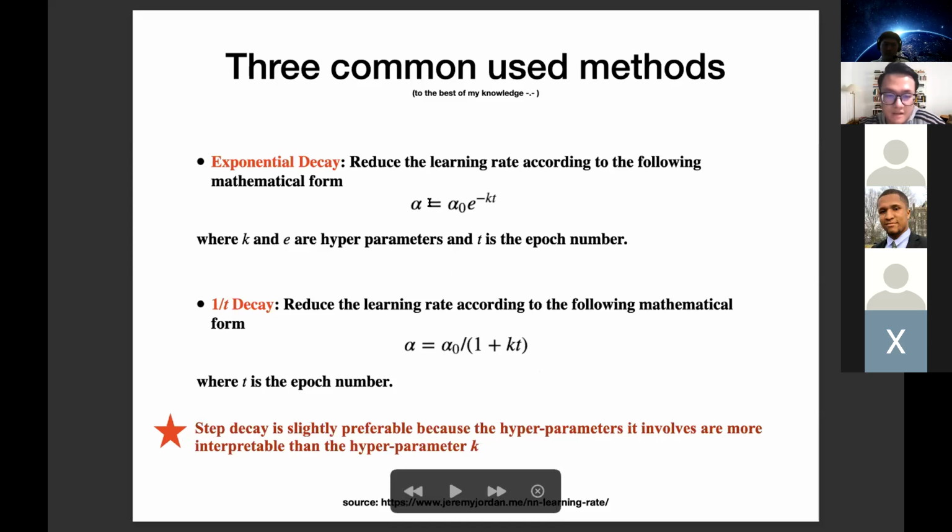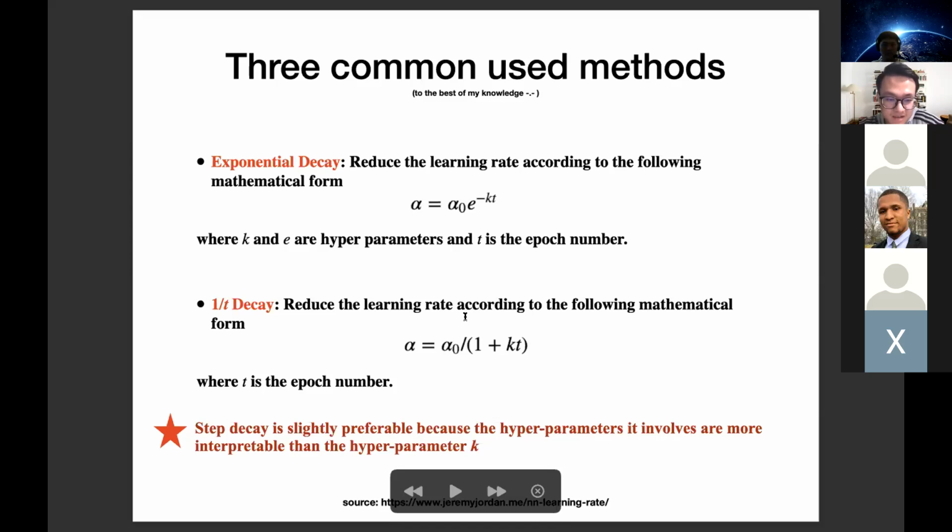Alpha equals alpha 0 times e to the power minus kt. And the 1 over t decay is where you reduce the learning rate according to this formulation: alpha equals alpha subscript 0 over 1 plus kt.